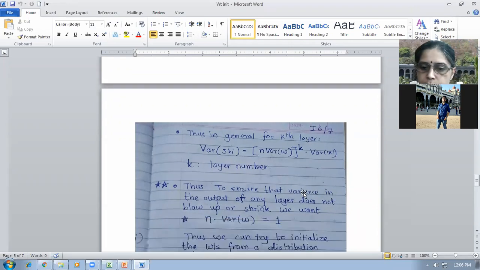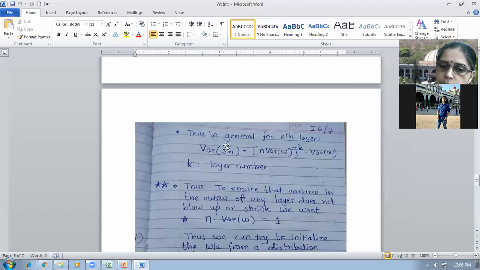Thus, to ensure that variance in the output of any layer does not blow up or shrink, we expect n into variance W to be equal to 1. So in order to initialize weights, we take into account this condition: n into variance W should be equal to 1. If it is very large, your variance will be very high.